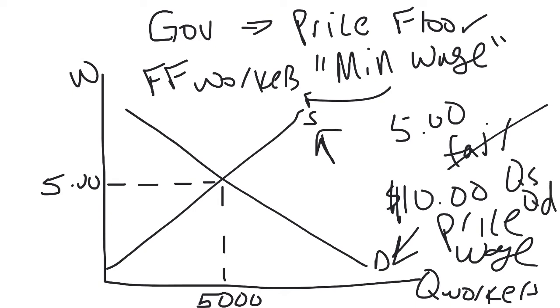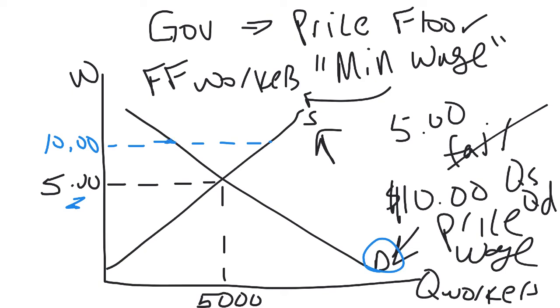So what does that look like on our graph? Well, a price floor is going to be set above the wage that we have. So the market is saying $5 is the wage, and the government says, no, it should be 10. Again, as much as we might want that to change the actual equilibrium price, it doesn't. It just sets a new higher price up here at 10. And so what's going to happen to the quantity demanded by firms of workers?